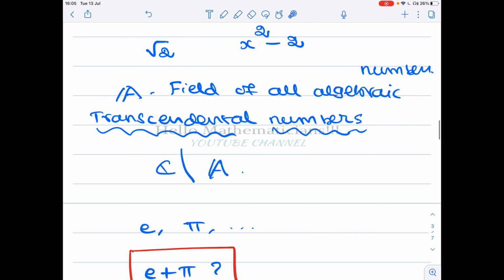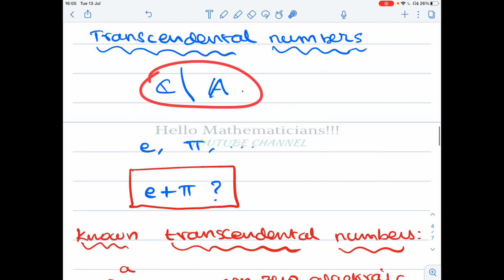Okay, let's continue. Let's see what transcendental numbers are. Transcendental numbers are simply the opposite of algebraic numbers: complex numbers which are not algebraic. In the complex numbers, you remove the algebraic numbers, and the remaining elements we call transcendental numbers. So e and pi are some known transcendental numbers.